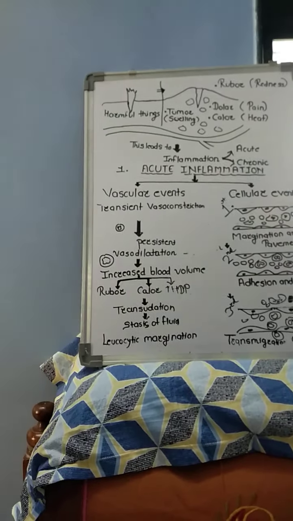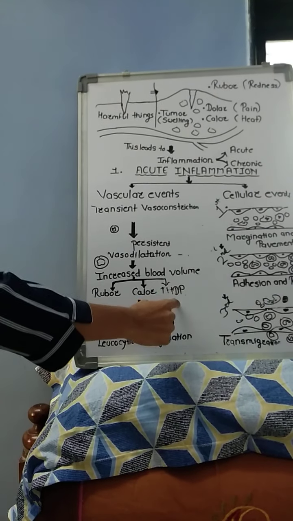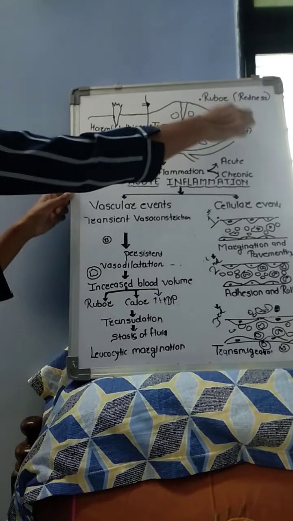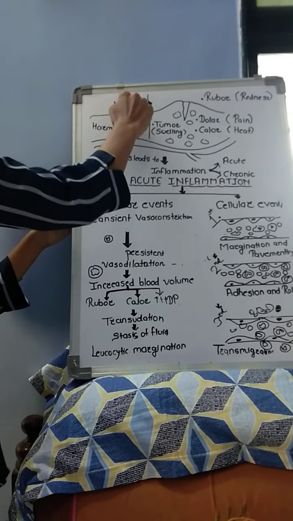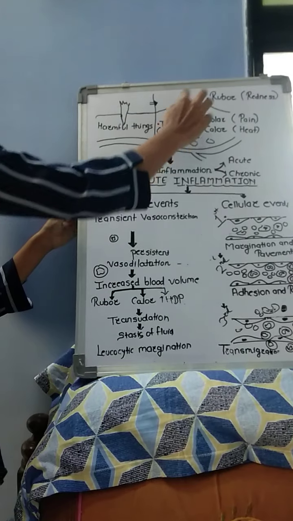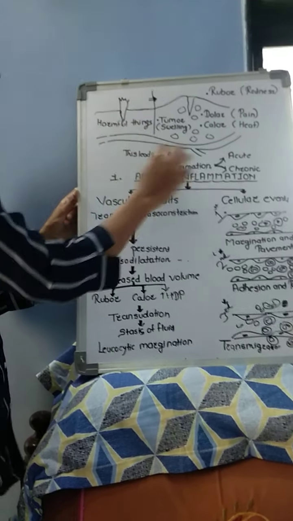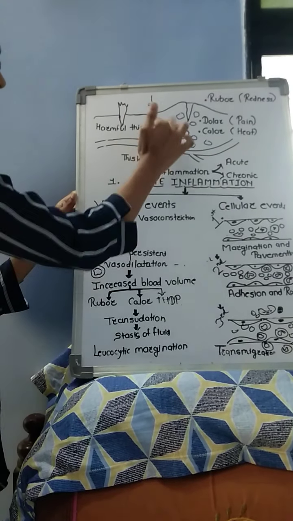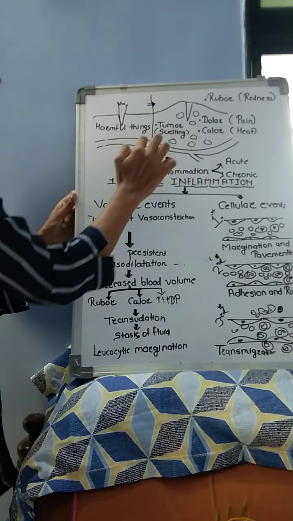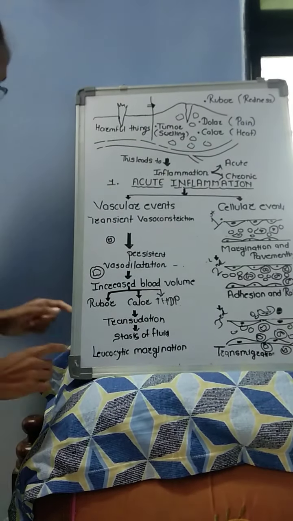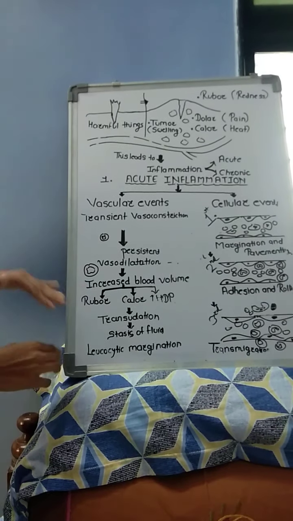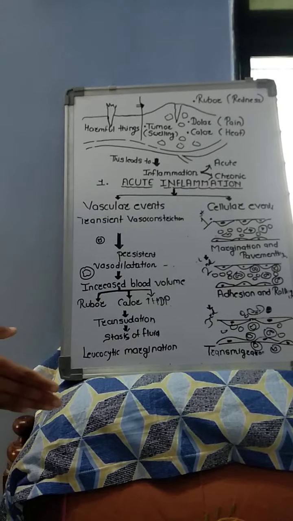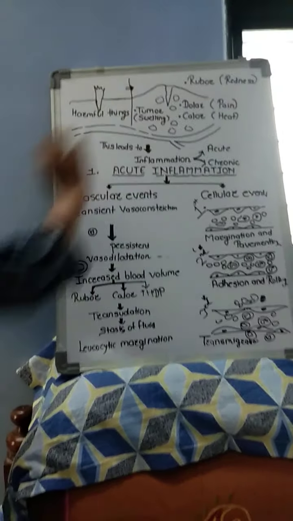Then after that event, there is transudation of the fluid from the vessel to the extracellular space. This is the vessel, and out of that is the extracellular space. After this injury, there is increased blood flow, so this fluid is transudated from the vessel and goes to the extracellular space.